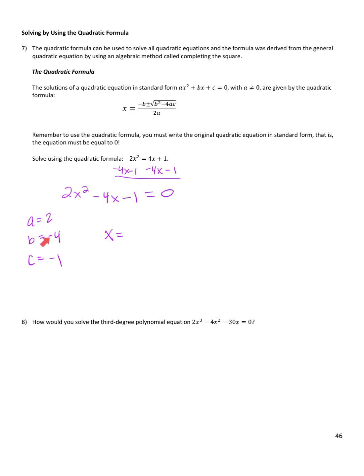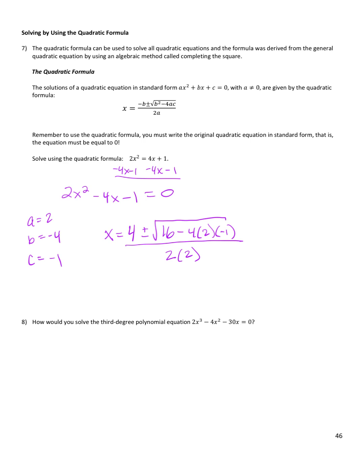So b is already a negative 4. So I take the opposite of negative 4 and I get 4. 4 plus or minus the square root of b squared. So negative 4 squared, which is 16, minus 4 times a times c, all over 2 times a.